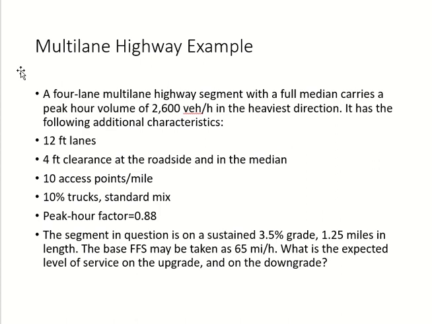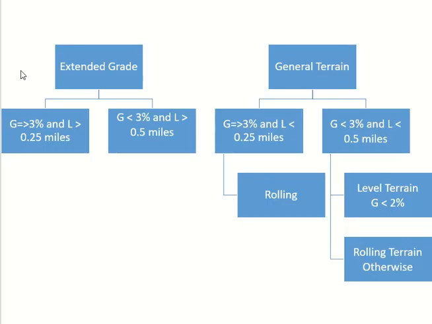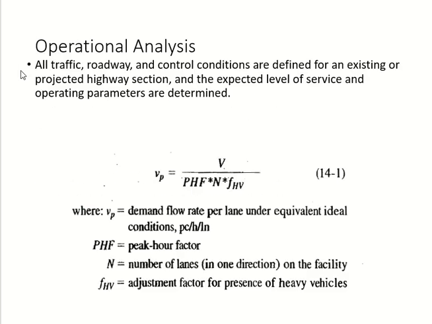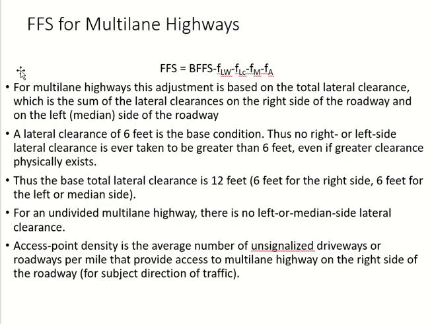Free flow speed for multi-lane highways, this equation. The value which is given is base free flow speed. So this value is given.